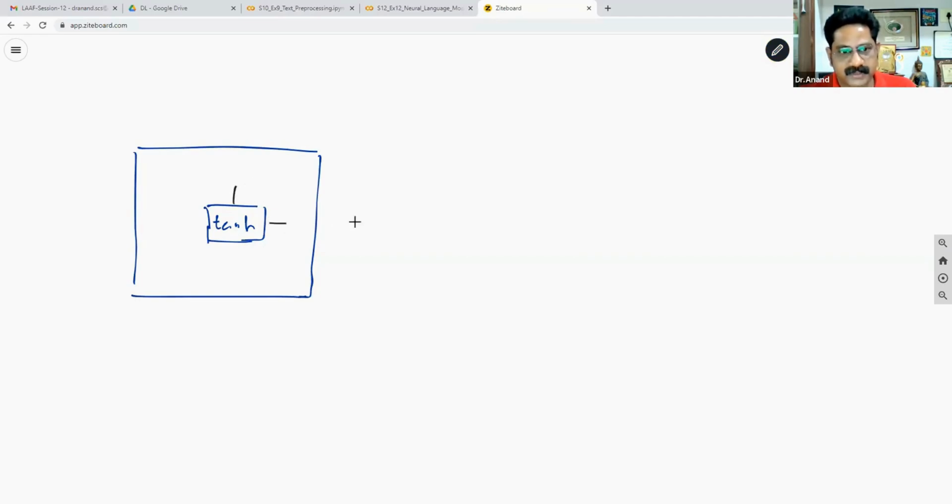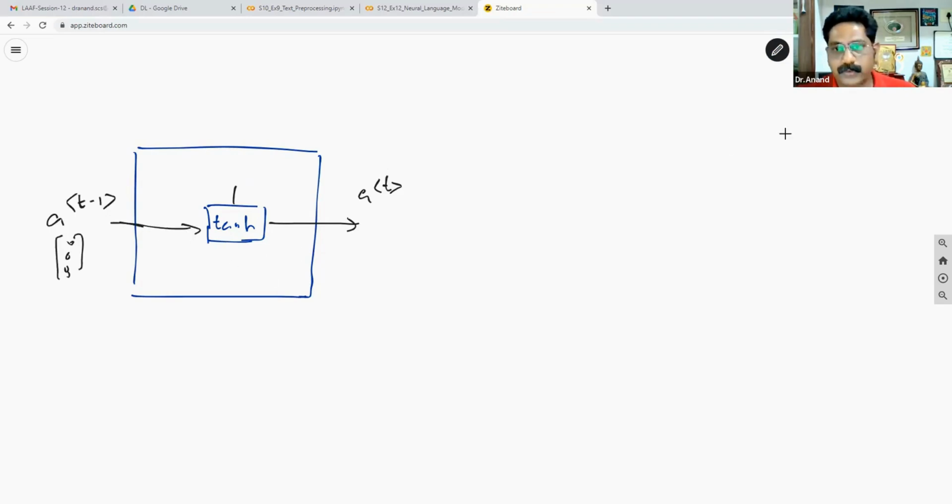What is the output of this? This output is going to give me AT, isn't it? My RNN unit. And your previous memory comes from the previous cell unit, AT minus 1. Initially we don't have this, so initially we vectorize this as all zeros.